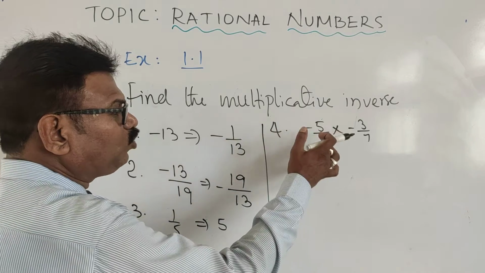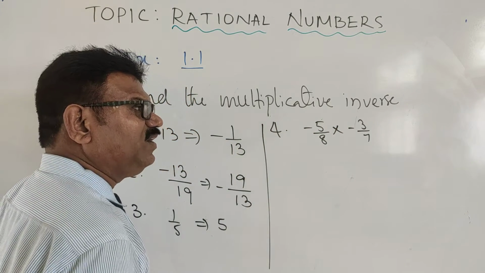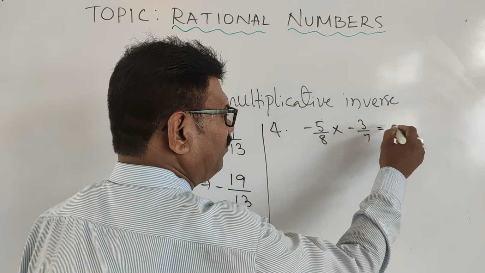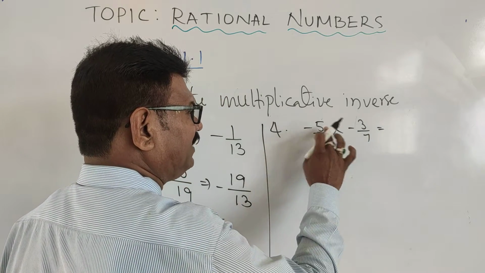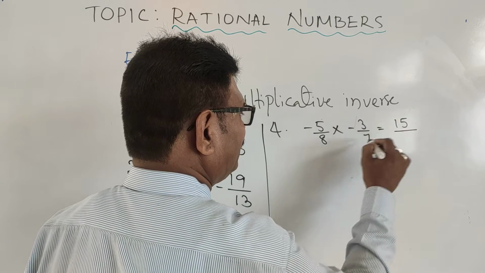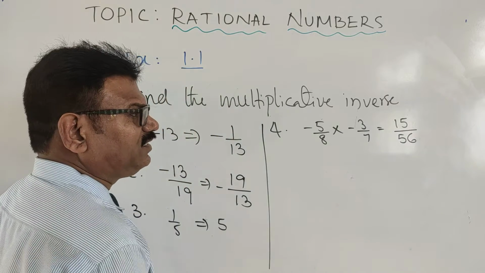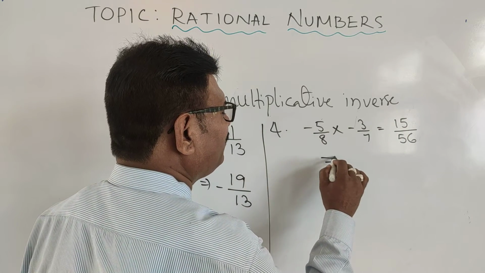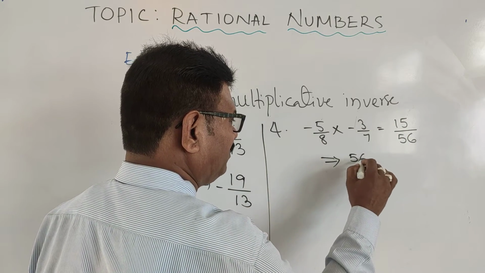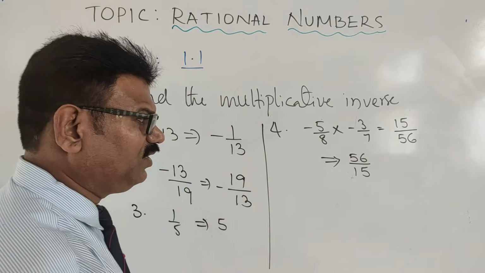Sir, how to write, two numbers are there? Very, very simple. Multiplication means we have to multiply. Minus into minus is plus, 5 times 3 is 15, by 8 times 7 is 56. Now write its multiplicative inverse. Very simple. Just 56 divided by 15. That much only.